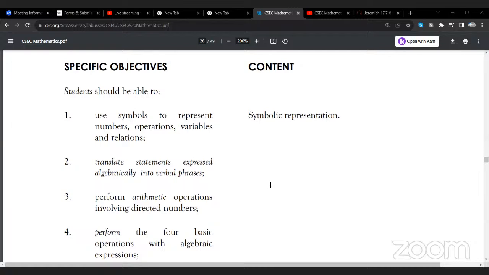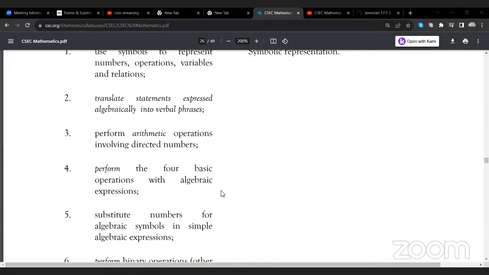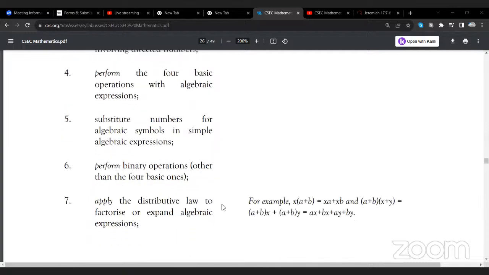Number three, perform arithmetic operations involving directed numbers as well, and perform the four basic operations with algebraic expressions. Substitute numbers for algebraic symbols in simple algebraic expressions, so that's substitution. Perform binary operations other than the four basic ones.